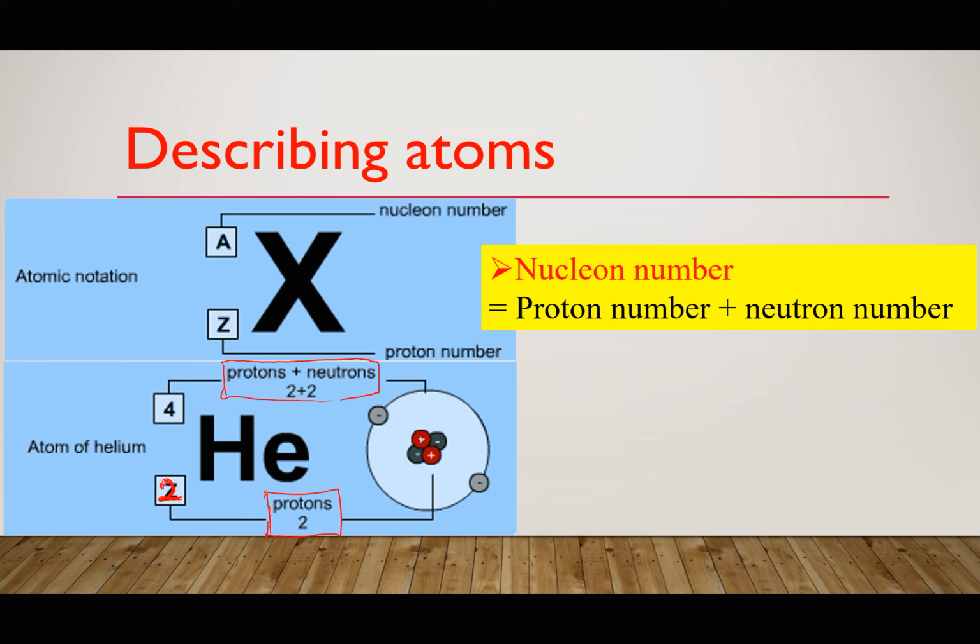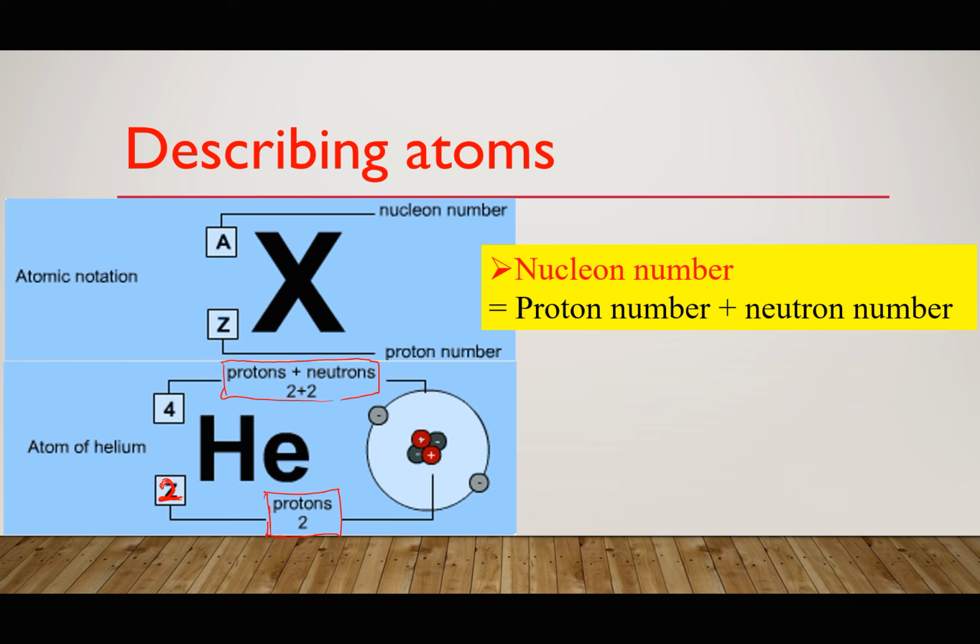The values of letters A and Z will always give you a clue of the name of the element. For example, He 4 2, we know that is helium, or an atom of helium, or later on we shall see that it is an alpha particle, a helium nucleus. And we have seen that the difference between A and Z is the neutron number.